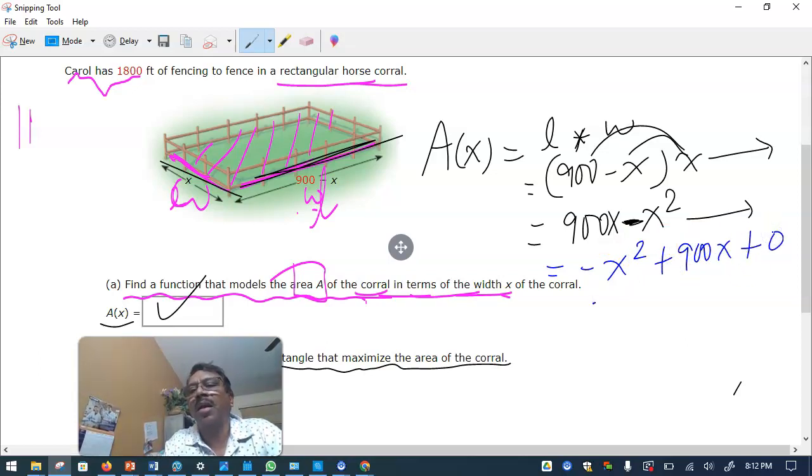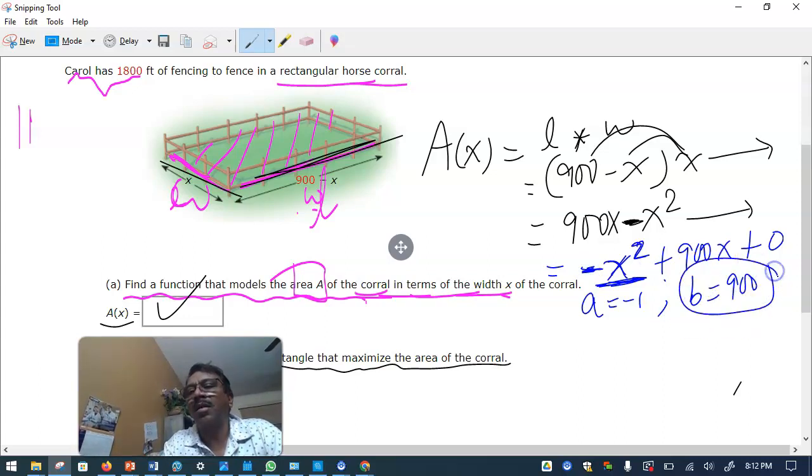So the a is minus 1, the coefficient of the leading term, the degree-two term, x squared. And the b is 900.